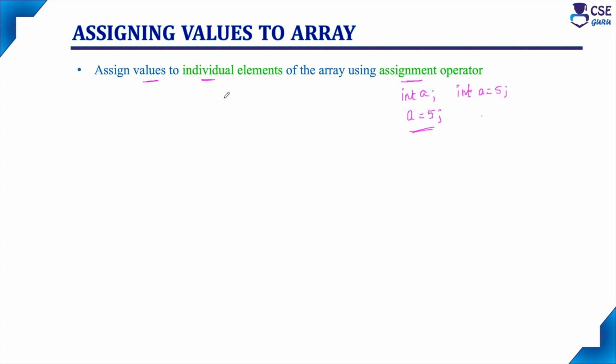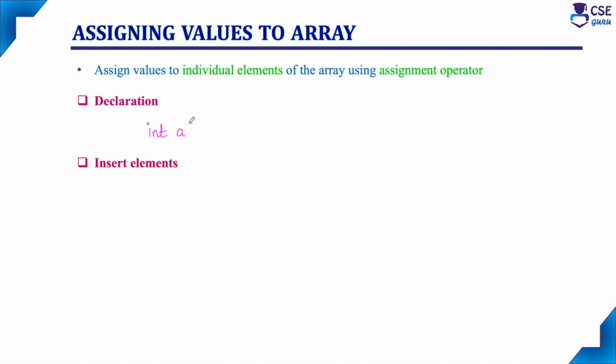And in arrays, in the previous method of array initialization, we combined array declaration with initialization. Here, we are only going to declare the array. We are not going to insert the array elements here.